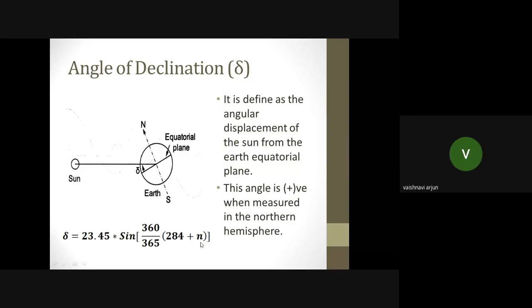Yes sir. Okay, so this is the mathematical expression to calculate the value of del, and from this expression we are in a position to determine how the value of del is going to vary within a span of 1 year. That means if you vary the value of n from 1 to 365, or you can say 366 depending upon the nature of your year, whether it is a leap year or a non-leap year, then for each value of n, or you can say for each day, it may be January 1st or 31st of January or 23rd of March, we are in a position to calculate the value of del.